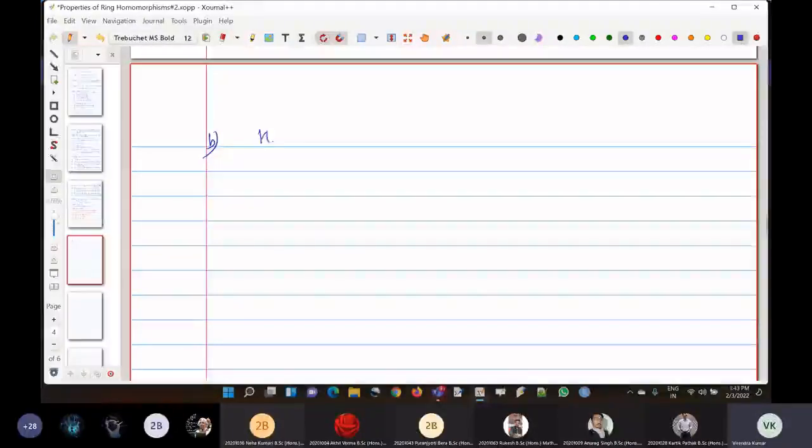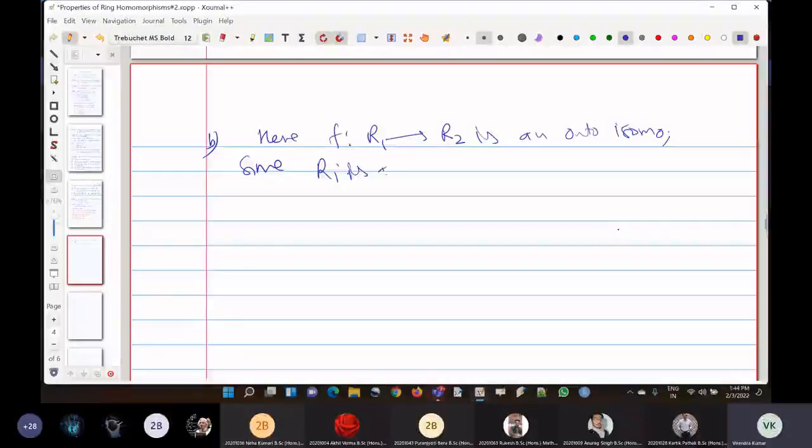Here, f from R1 to R2 is an onto isomorphism, as we know. Since R1 is a field, it must have a unity, and it should be commutative.